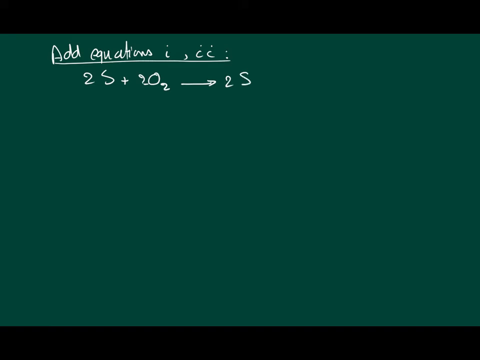And then you will add equations 1 and 2, the two equations that you did. Let me write them here again. The first equation was 2S plus 2O2 gives 2SO2, and delta H equals minus 594 kilojoules.